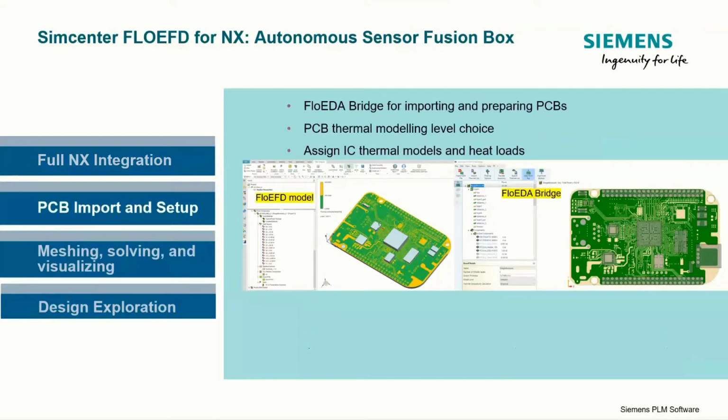Next up, we're going to take a closer look at some of these electronics-specific things that I was alluding to earlier. So we're going to look at how we can import our printed circuit board geometry through the EDA import function within FlowEFD.